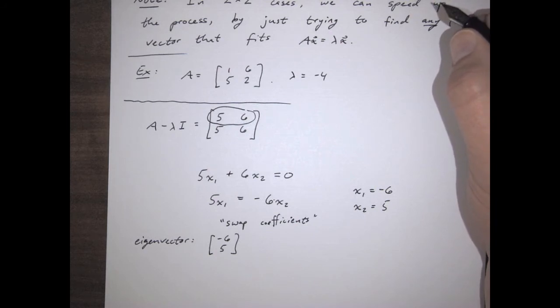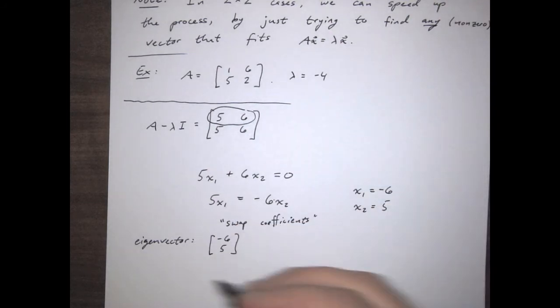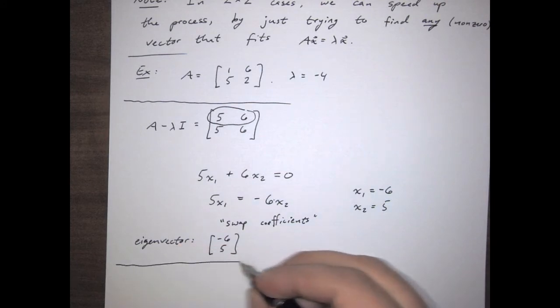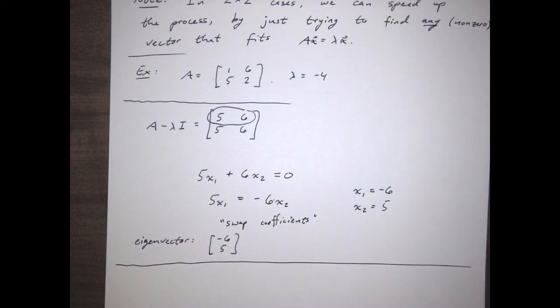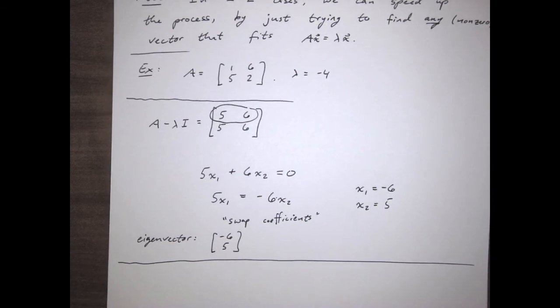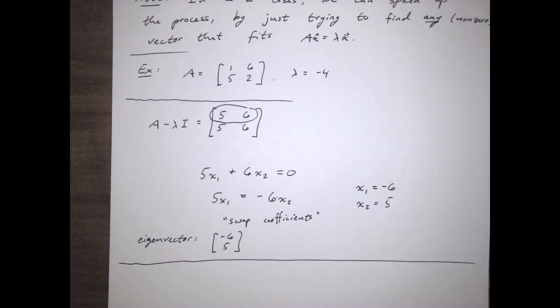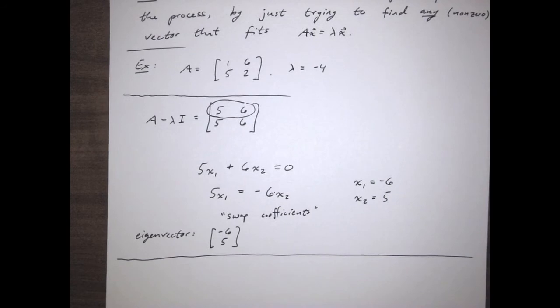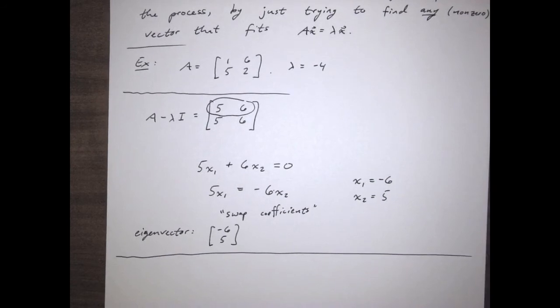It's all going to be very stereotyped, and you can cut to the chase quite a bit quicker. And because finding eigenvectors is going to be such a valuable skill for us, particularly in Math 256, we would want to be able to have access to the finest and smoothest techniques and shortcuts available. Okay.